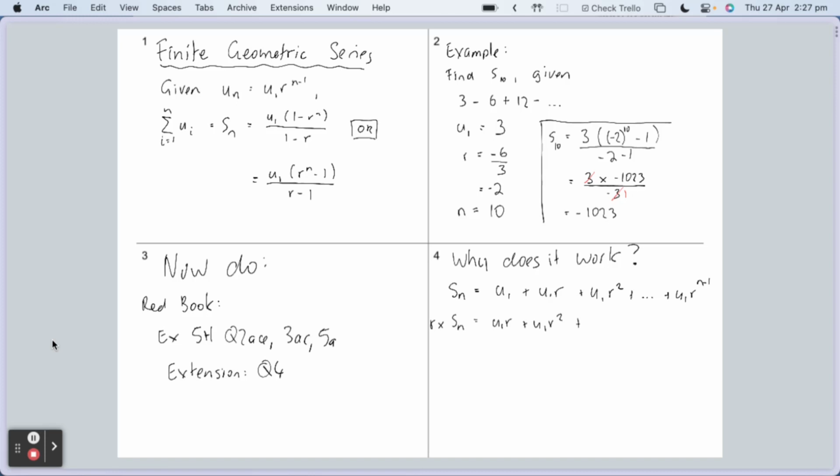And if I multiply the next term by R, it'll be U1R cubed. If I keep doing that, the final term will be U1R to the power of n, because R to the power of n minus 1 times R to the power of 1 is equal to R to the power of n minus 1 plus 1, which is equal to R to the power of n. So that's why that last one is as it is.